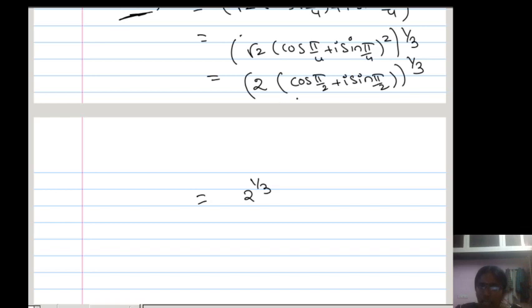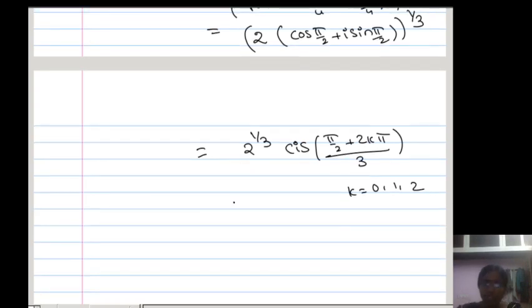Now for this complex number, I want to find the cube root. 2 is the modulus, understood. Theta, the principal argument, what is the principal argument? Pi by 2. So what is our formula? cis of (pi by 2 plus 2k pi) by n, where n is 3 for the cube root and k is equal to 0, 1, 2.